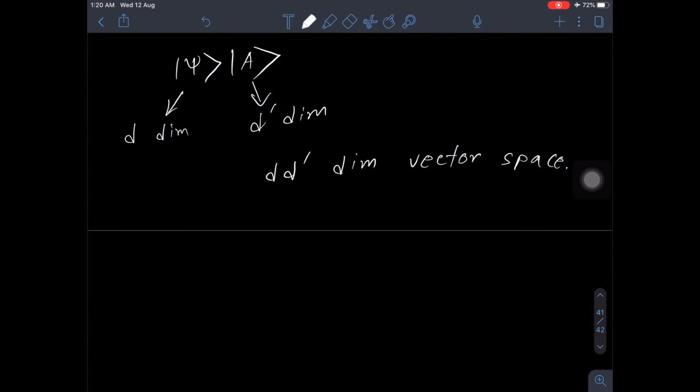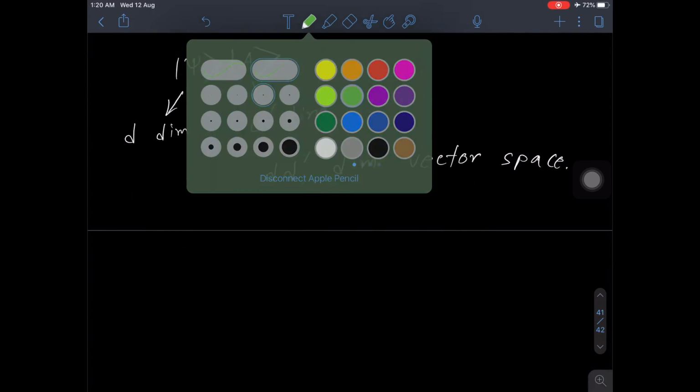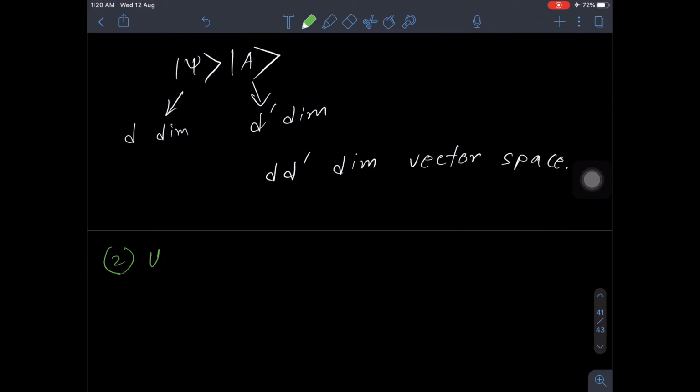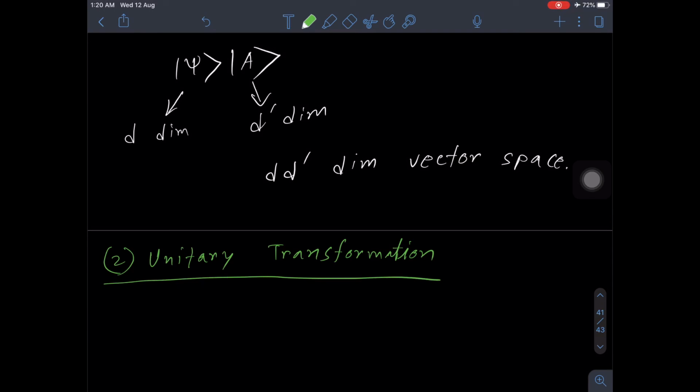And the second operation that we can do is a unitary transformation. I explained it to you already before: why do I need a unitary transformation? Because I want to preserve angles between the vectors, and I want to preserve the norm of the vectors.